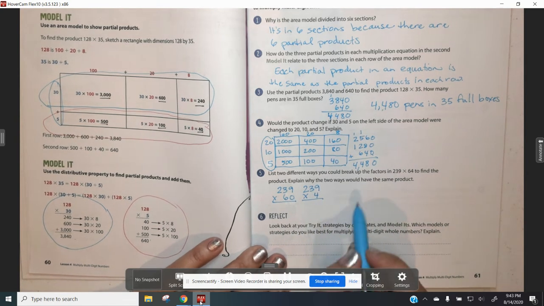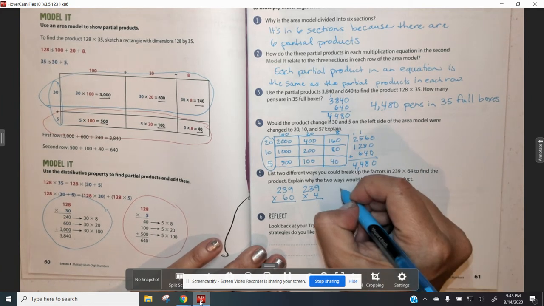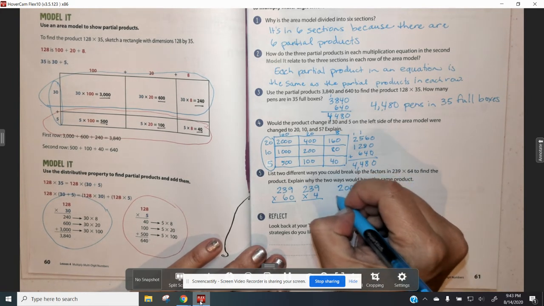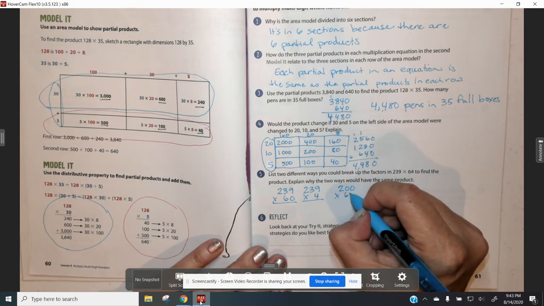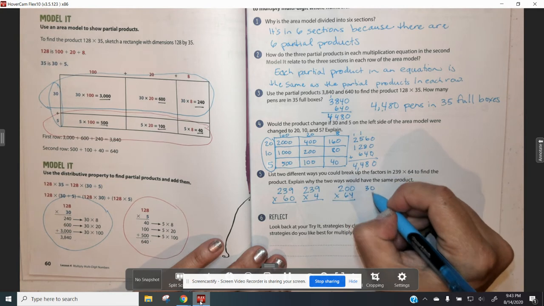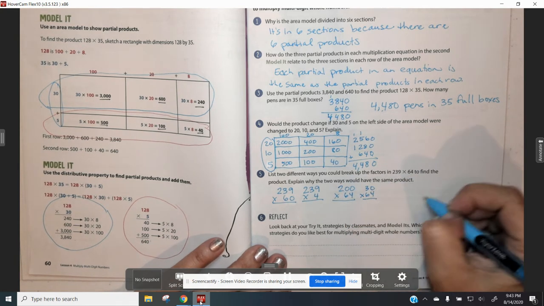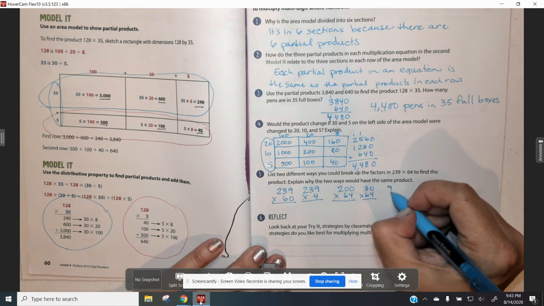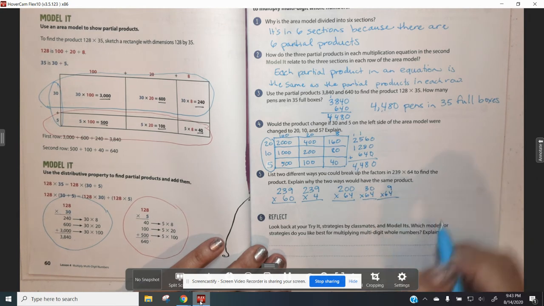But we could also break up the 239. So we could say 200 times 64, 30 times 64, and 9 times 64.